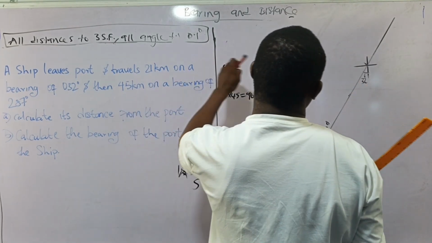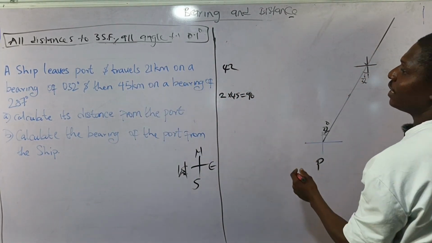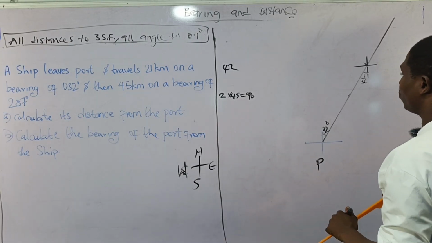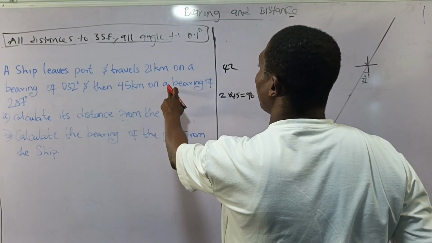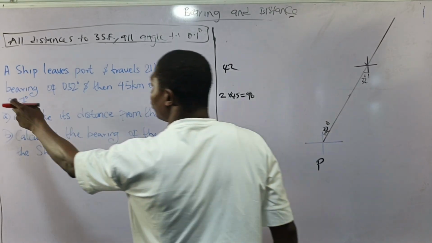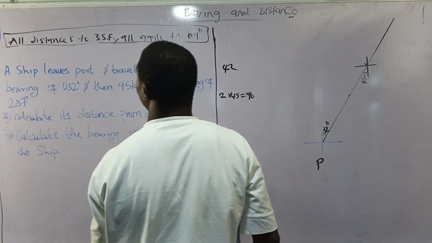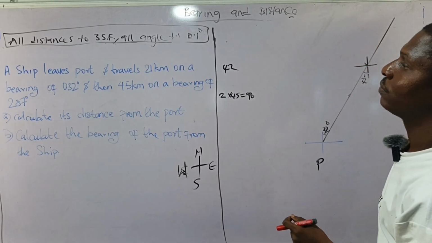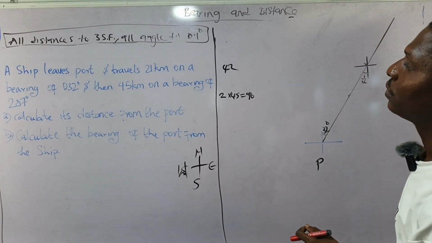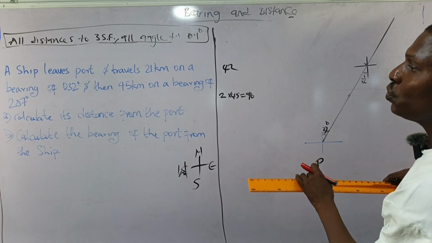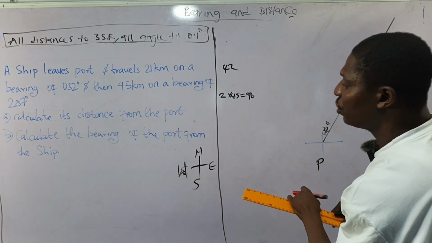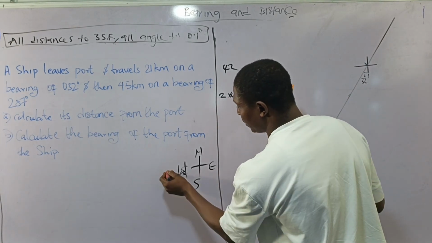And then it followed another direction as well. And then 45 kilometers on a bearing of 287. Now, 287, this is 270.